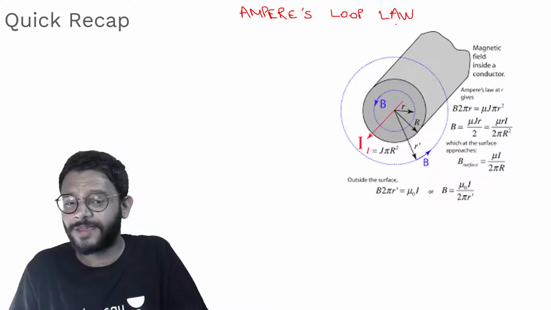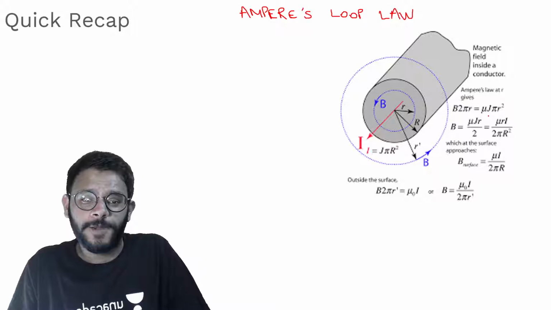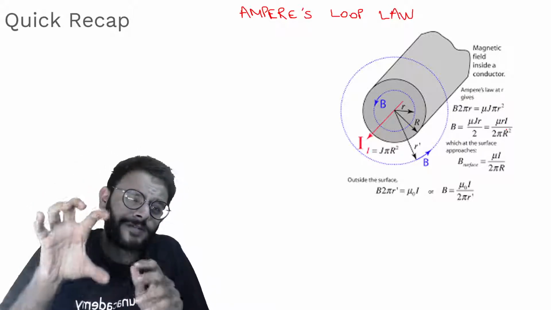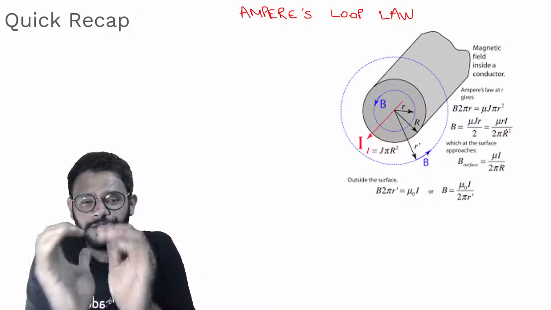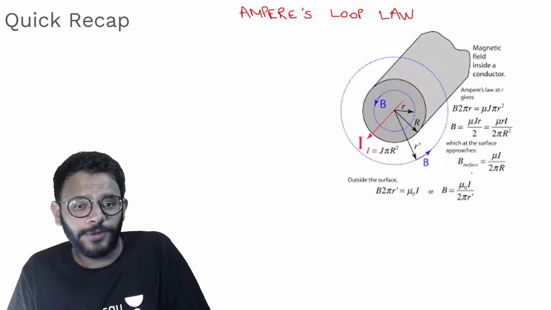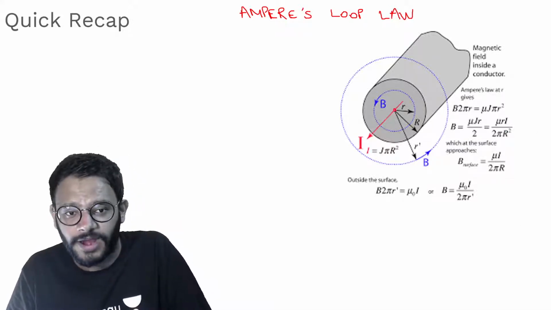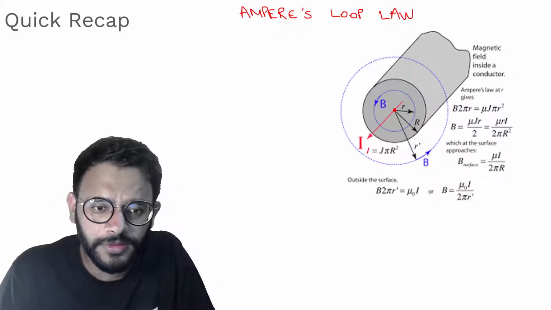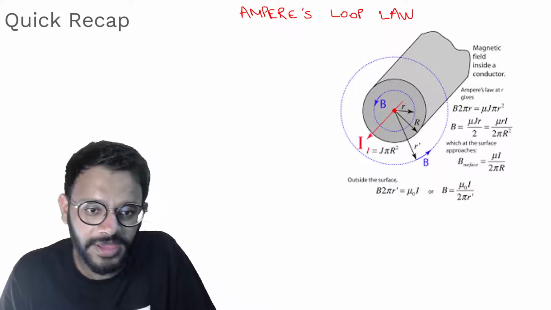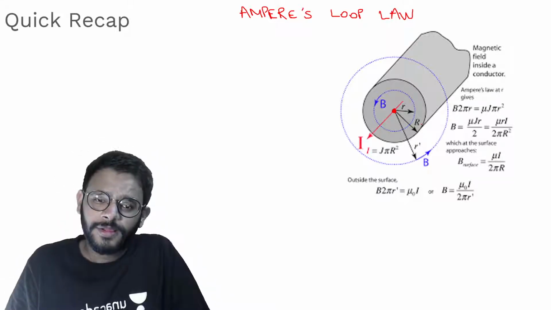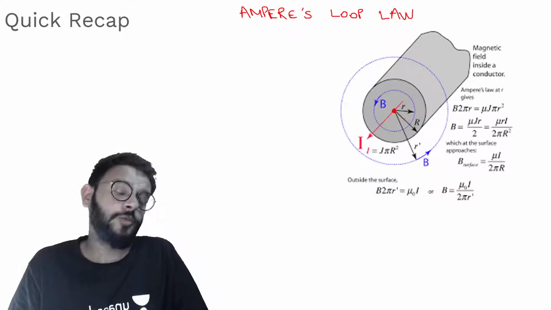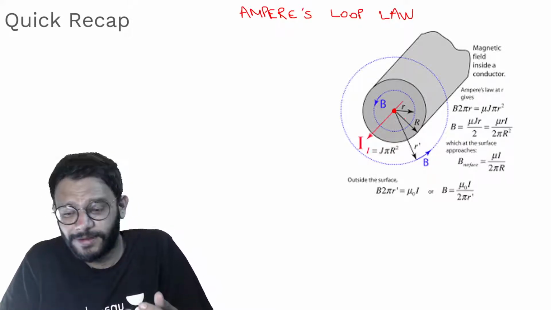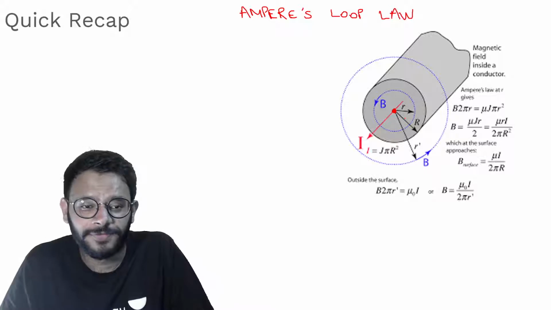Fascinating as it was, let's just have a quick recap where I'm having a cylindrical wire. So it's a thick cylindrical wire through which current is flowing, and the current is flowing uniformly through it, as that needs to be the only assumption that we are making, because otherwise our Ampere's loop law is still valid, but we can't find out the magnetic field, as it gets really complicated.